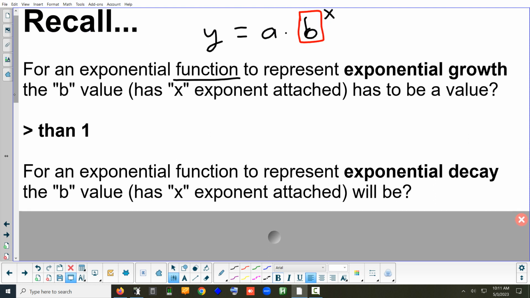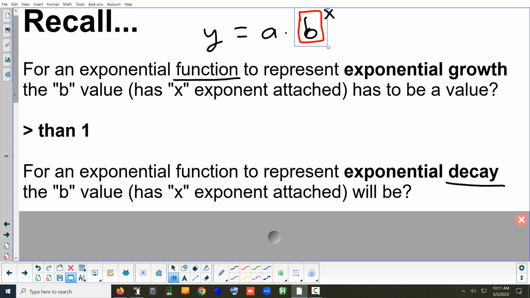Okay. So now the second bullet says, for an exponential function to represent decay, what kind of number has to be in that box now? Smaller than 1. So look at how it's worded on the guided notes. Less than 1.